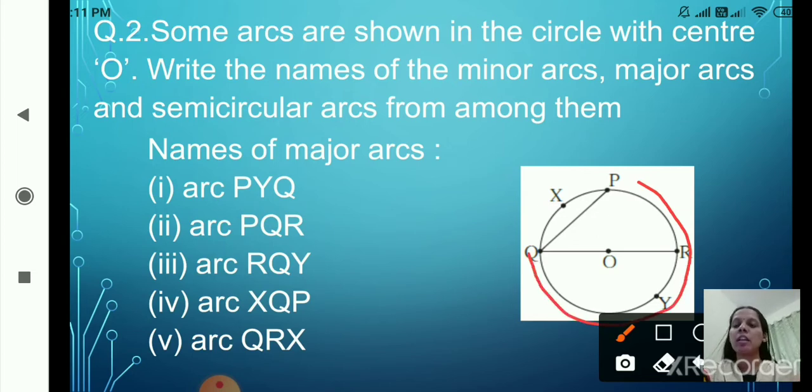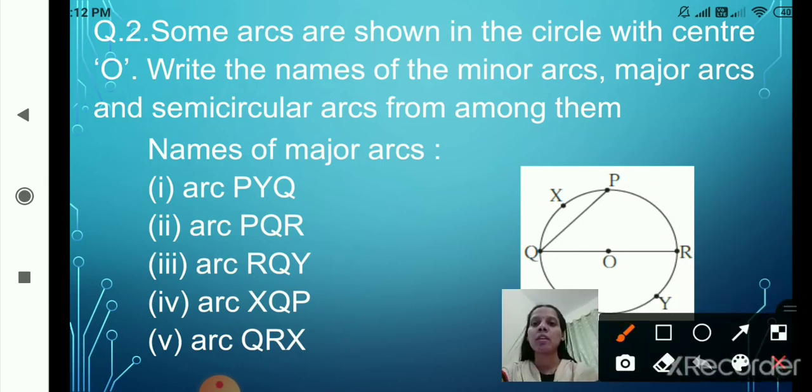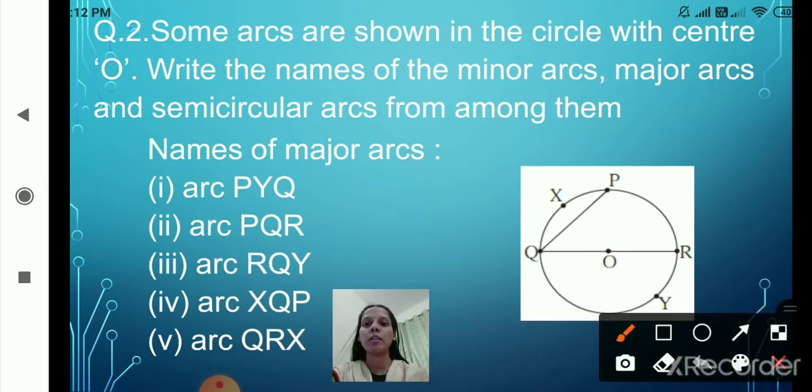Now the second one is arc PQR. This is the second one. Now the third one is arc RQY. This is the third one.